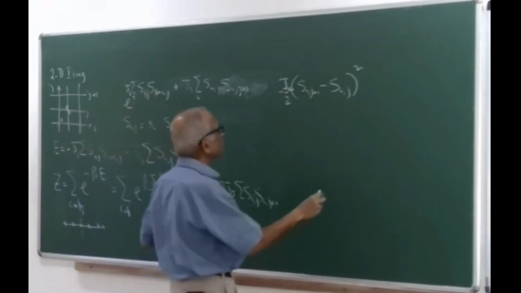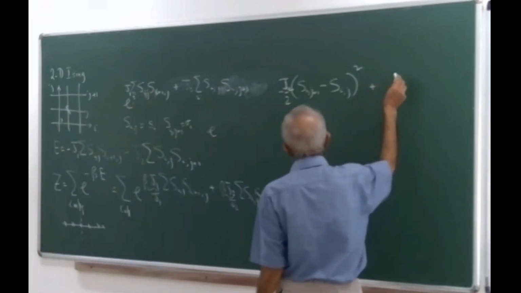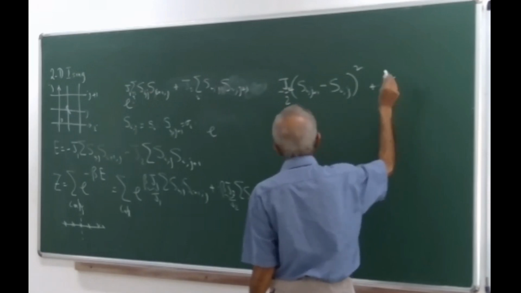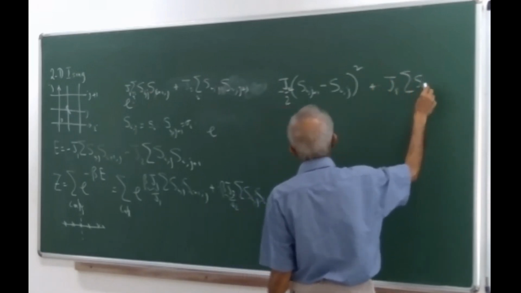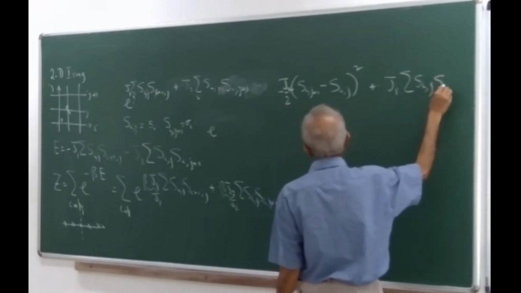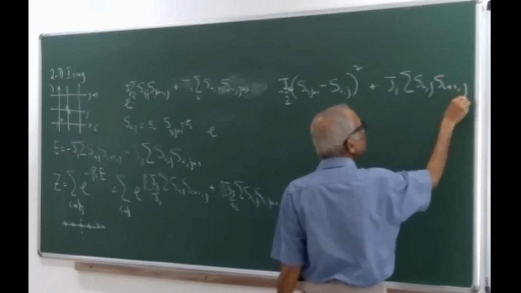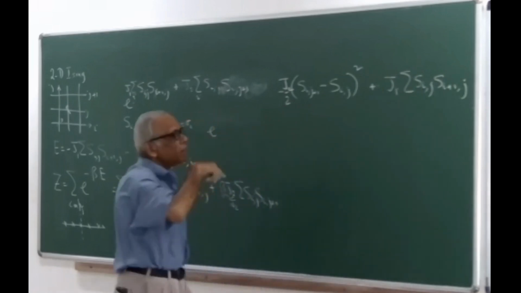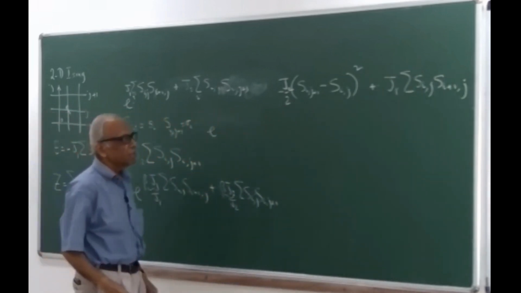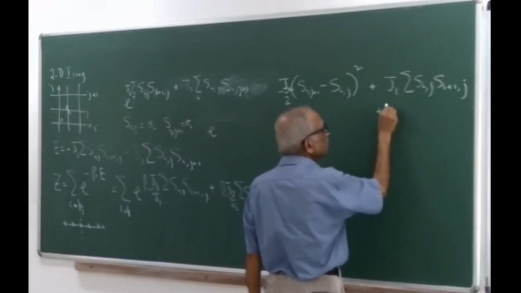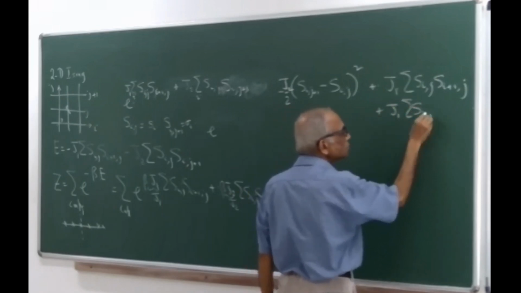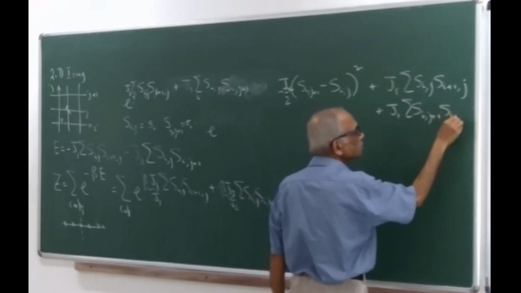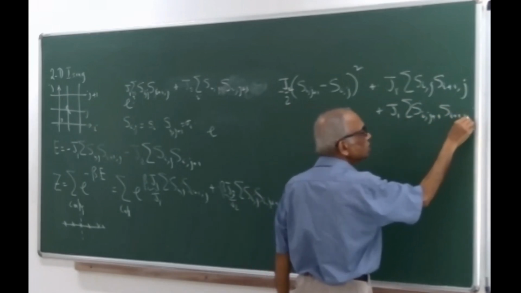And you have the other part over here, which is J1, and then it is summation S_ij S_{i+1}j. And you also have, if I'm focused, S_ij plus 1 S_{i+1}j plus 1.